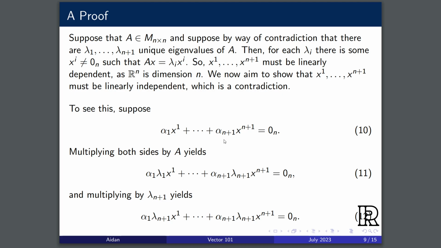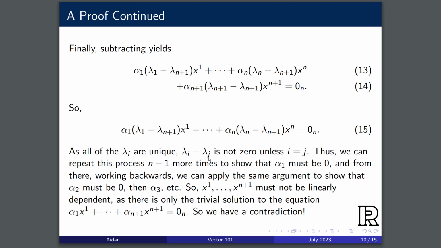And if you do that, and this is the step that I'm basically skipping over, kind of waving my hand, the formal way you do this is with induction. But this step we proved lets you reduce the number of variables in this equation by 1. And so if you just keep doing it over and over again, eventually you'll reduce it to something simple. And so you can run this argument over and over again to show that alpha 1 is 0, alpha 2 is 0, alpha 3 is 0.